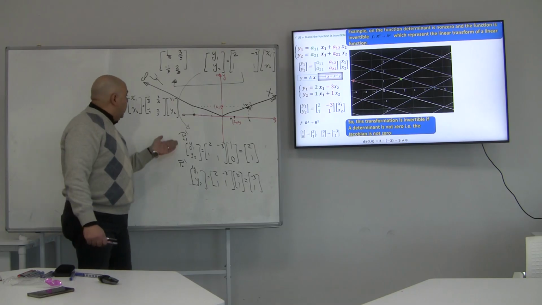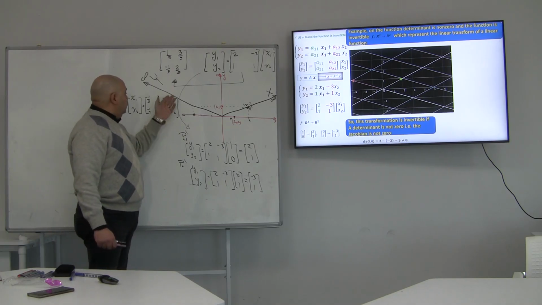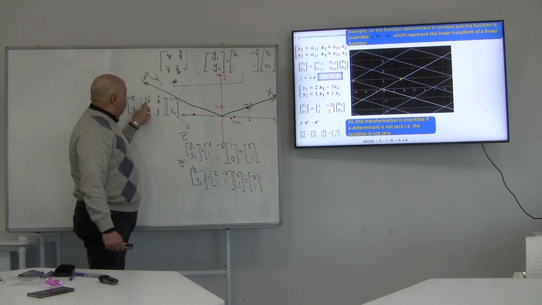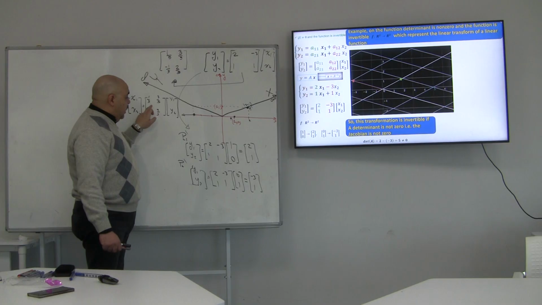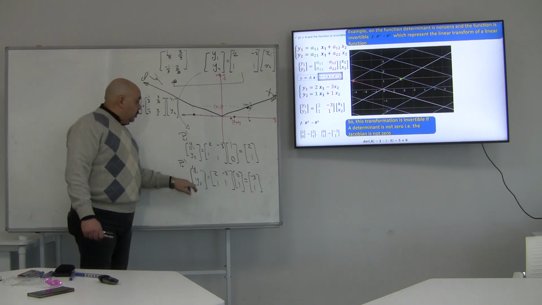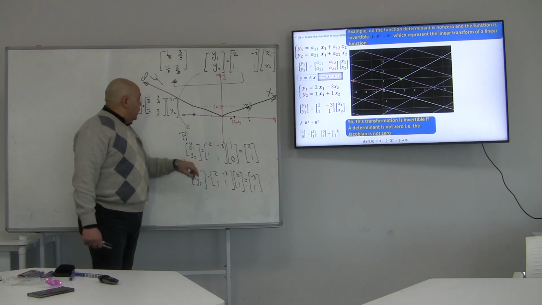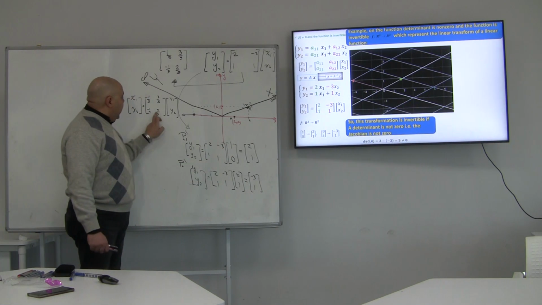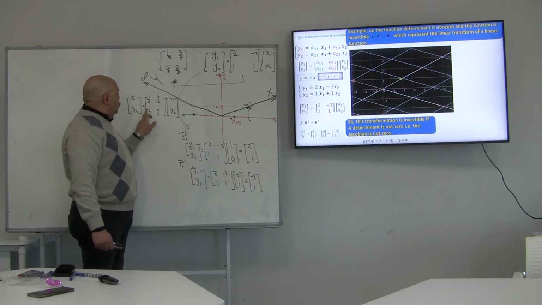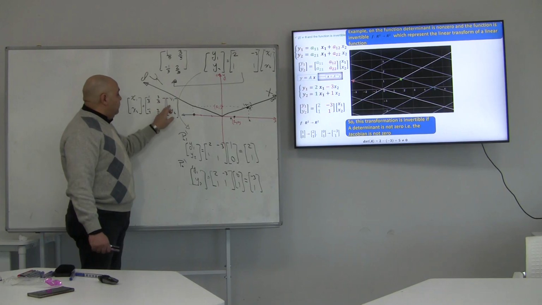So let's give it a try. If I put here 2 and 1 and start substituting, once you start multiplying, it's going to be 1 over 5, and this is going to be 2 and 1, so it's going to be 2 over 5 plus 3 over 5, and the result is 1, which is this. And if I multiply the second row by, as I told you, 2 and 1, it will be negative 2 over 5 plus 2 over 5.